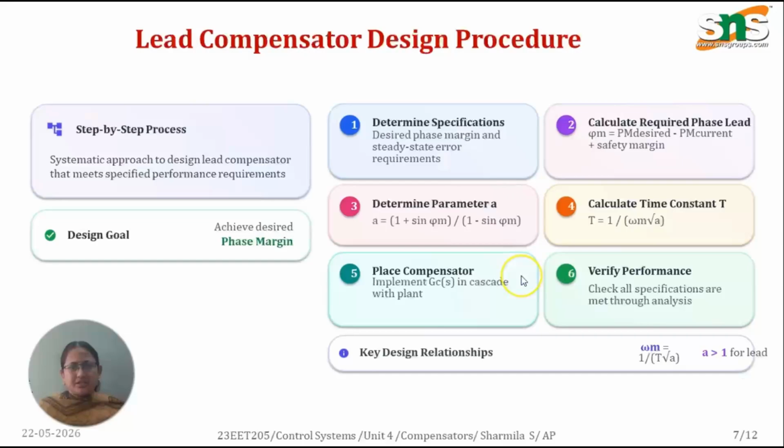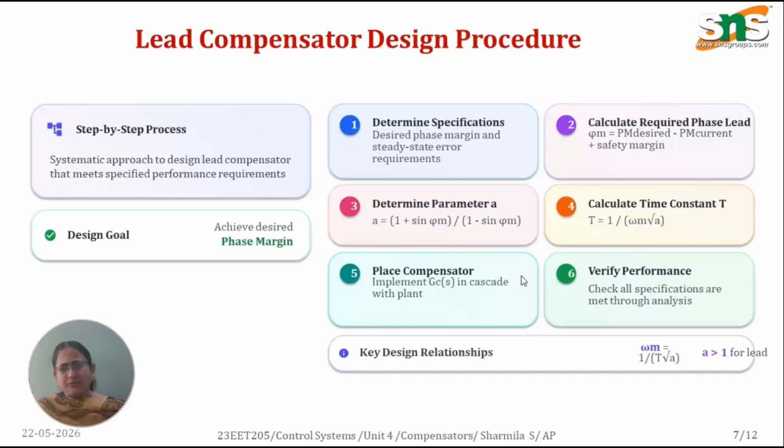The design procedure for the lead compensator is as follows. Step 1: determine the specifications, that is, identify the desired phase margin, settling time and steady-state error requirements. Step 2: calculate the required phase lead, find the additional phase lead, and determine the parameter a.